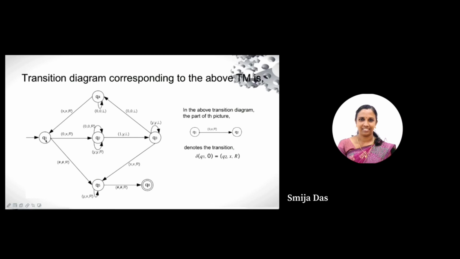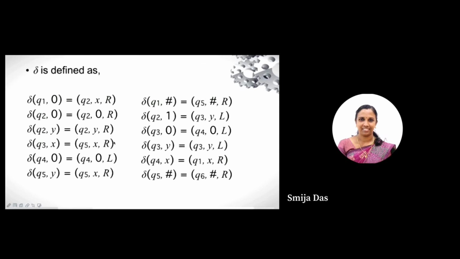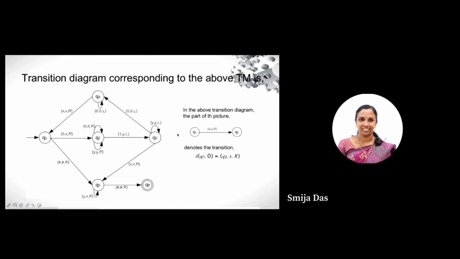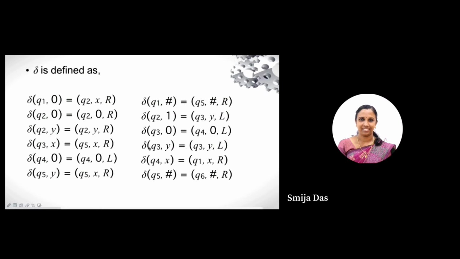The transition Q1 to Q2 is represented as 0, X, right, because the transition function delta of Q1, 0 equal to Q2 X R. That is the first transition.